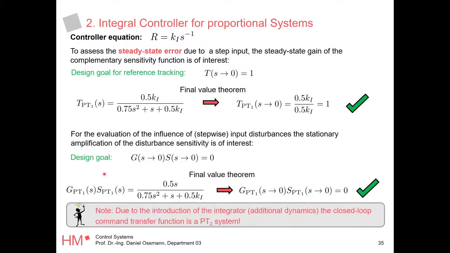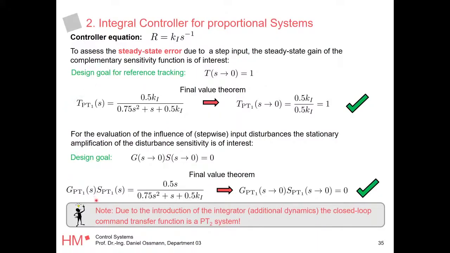So if you introduce an integrator to your system, you're adding additional dynamics. This is why you have a PD2 closed loop, right? This is actually a DT2 for the disturbance sensitivity. You're adding dynamics, but this integrator makes your system accurate. So whenever your boss tells you, please design a controller which is steady state accurate, you need to think about an integrator.